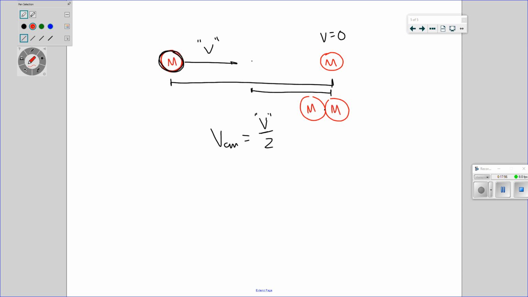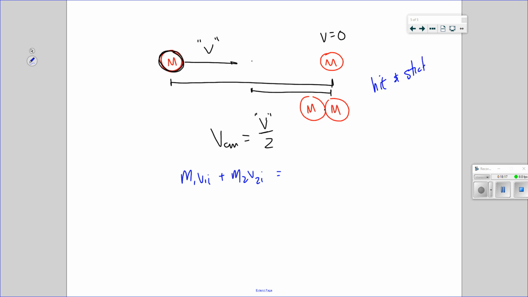Well, we could very accurately predict that if we use our basic conservation of momentum expression. And so watch this. If these were to hit and stick, very common thing to say, we would take this right side and say, well, the two objects together move at some common final velocity.